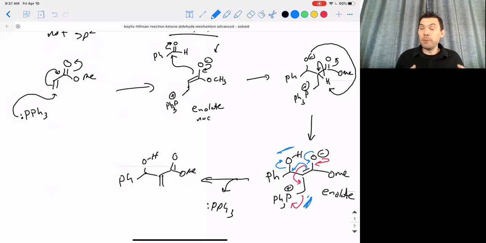And so being a PPh3 plus a cation means we're going to lose a neutral PPh3 molecule, and that's going to make the PPh3 plus a better leaving group, and so that'll lead to that chemoselectivity. It's one of the ways that it differs from the standard aldol condensation, where in the aldol condensation we kick off OH minus. So that's still an option here, but we've made the leaving group a better leaving group by making it positively charged in the form of the PPh3 plus.